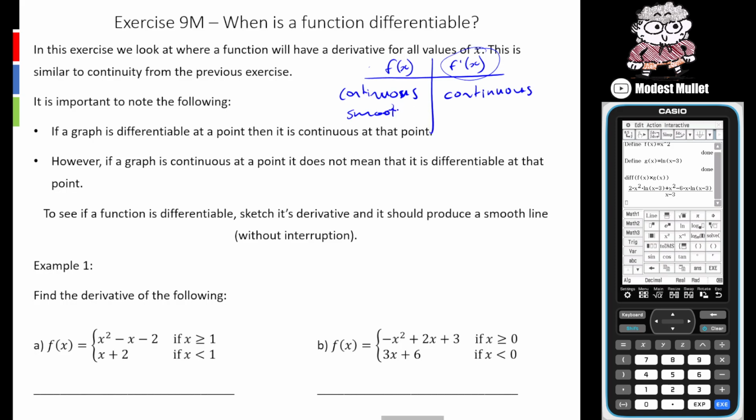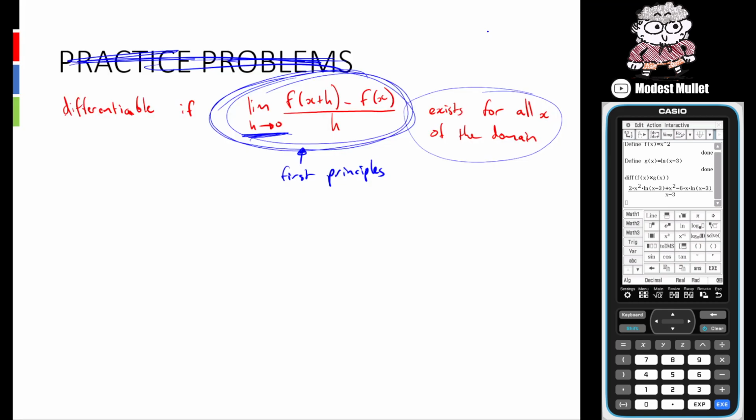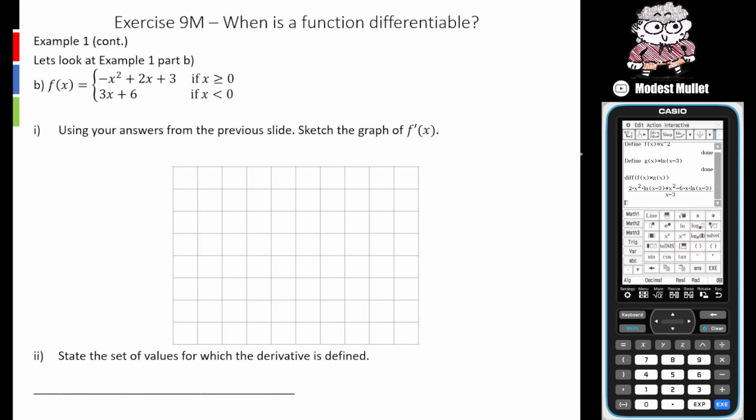Because if the original function is smooth, then it generally implies that f dash of x is continuous. But to sum up, when is a function differentiable? When the original function is continuous, so there's no gaps or breaks in it, and also when f dash of x is continuous, because if it's continuous, then that means the limit is going to exist. As I said, the limit is going to exist for all the required x values.